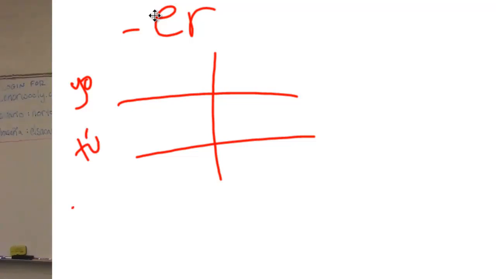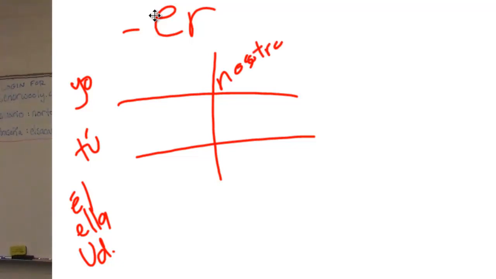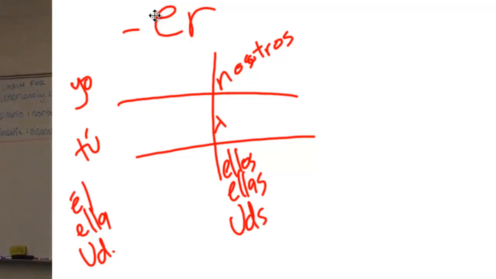Yo, tú, and either él, ella, or usted, he, she, you. Nosotros. We'll skip the vosotros. Sorry, Spaniards. And ellos, ellas, ustedes. They, or y'all.